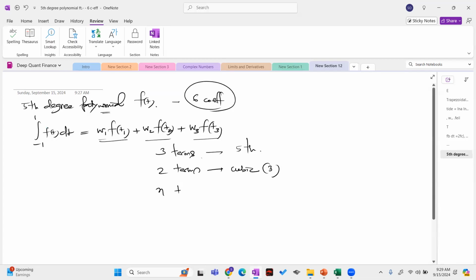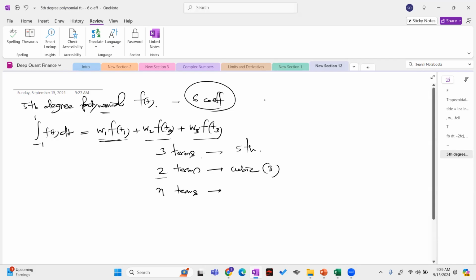With n terms, if I have n terms like w1 f(t1), w2 f(t2) up to wn f(tn), what kind of polynomial can I approximate? What is the relationship?